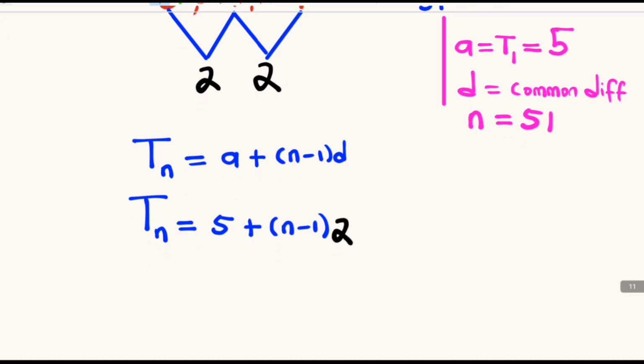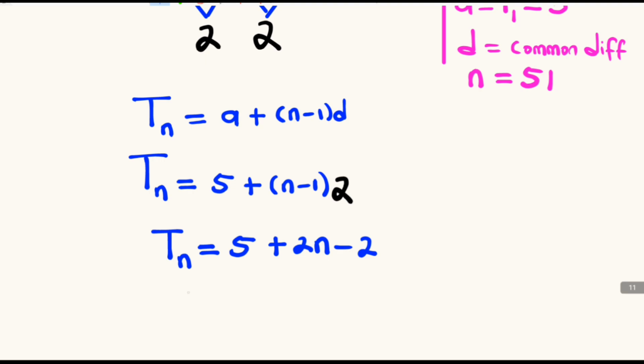Our Tn, so we try to simplify, will be equal to 5 plus, we distribute the 2 inside the parentheses, so 2 multiplied by n will be equal to 2n, and 2 multiplied by negative 1 is equal to negative 2.